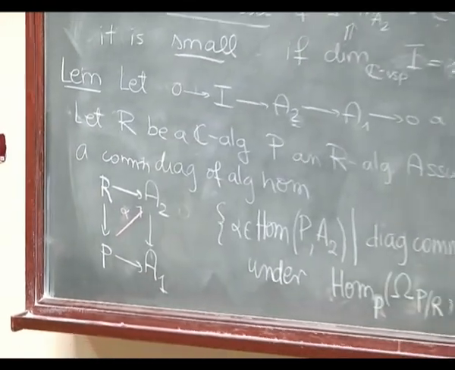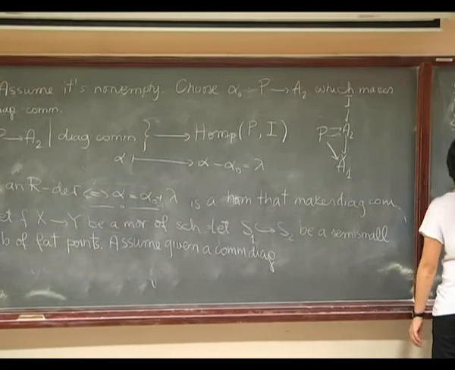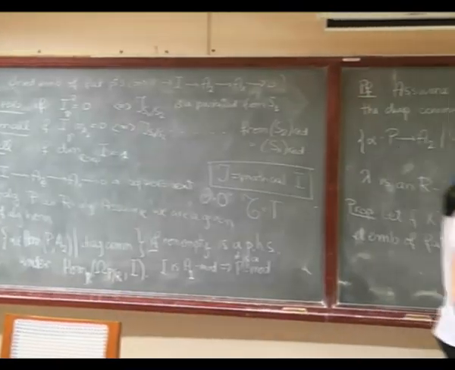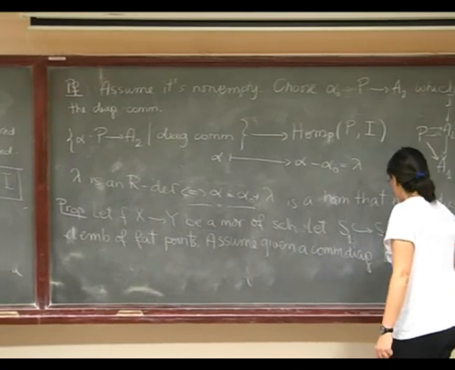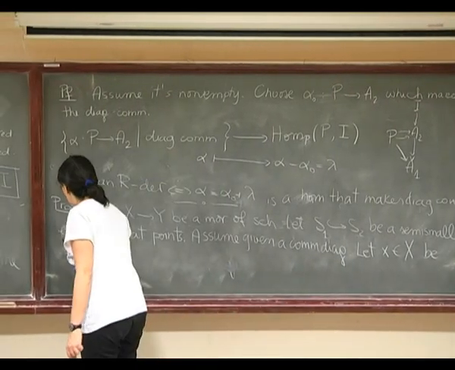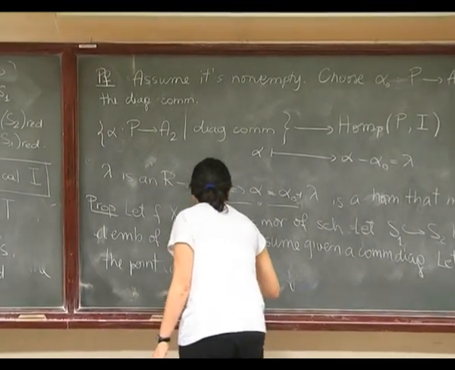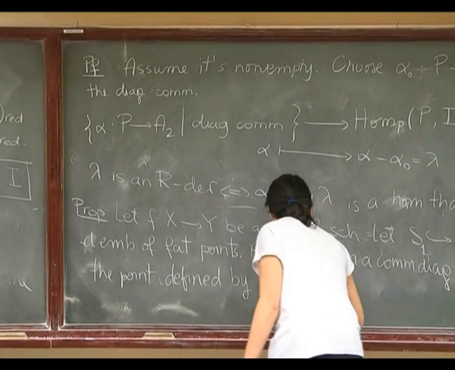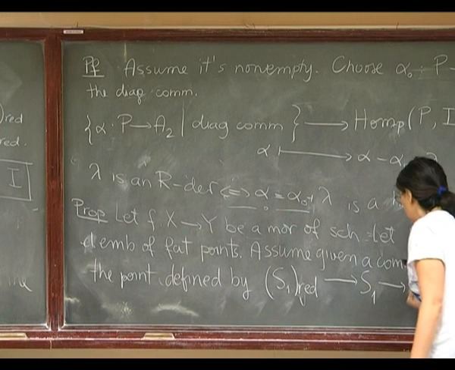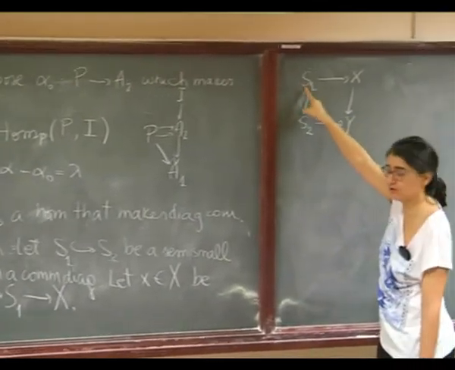So I have S1 in S2, and this goes to X, and this goes to Y. And I also let x in X be the point defined by S1 reduced, which, remember, is Spec C. This is inside S1, and this goes to X. So to such a diagram you can associate a point, the image of the only point here.